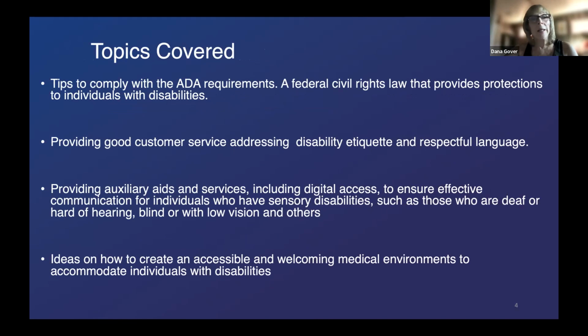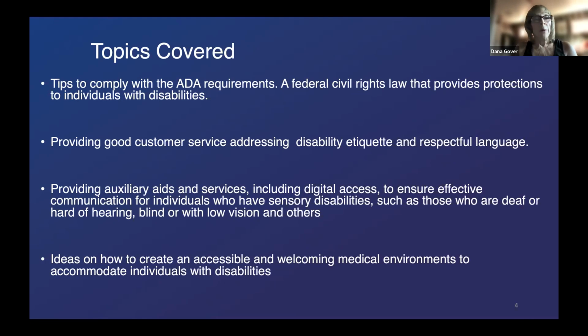The topics we'd like to cover tonight are tips to comply with the ADA requirements. This is a federal civil rights law that provides protections to individuals with disabilities. We'd also like to provide you some examples of good customer service addressing disability etiquette and respectful language.